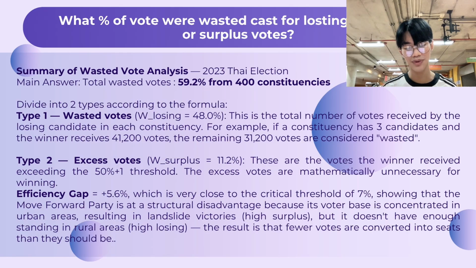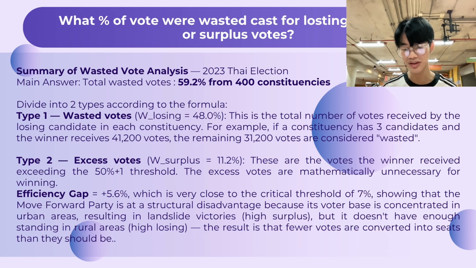So the last one is the summary of the wasted vote analysis in the 2023 Thai election. The main answer: total wasted votes 50.2% from 400 constituencies, divided into two types according to the formula. Type 1 is the wasted vote. This is the total number of votes received by the losing candidates in each constituency.